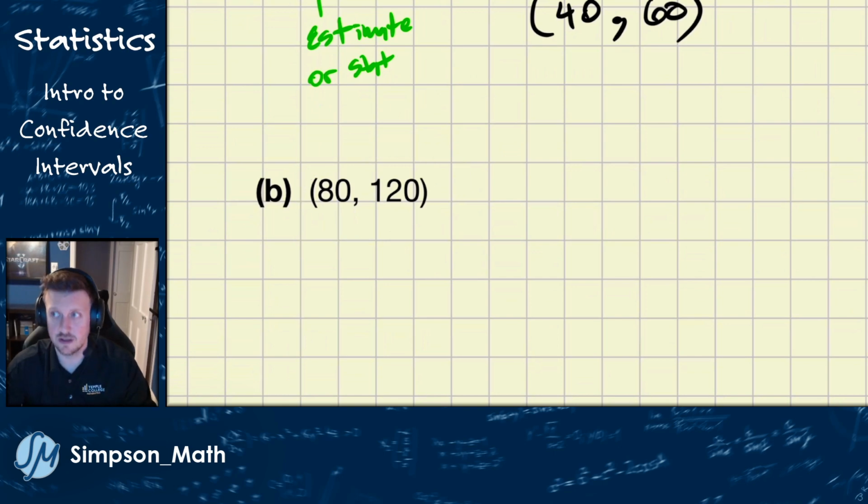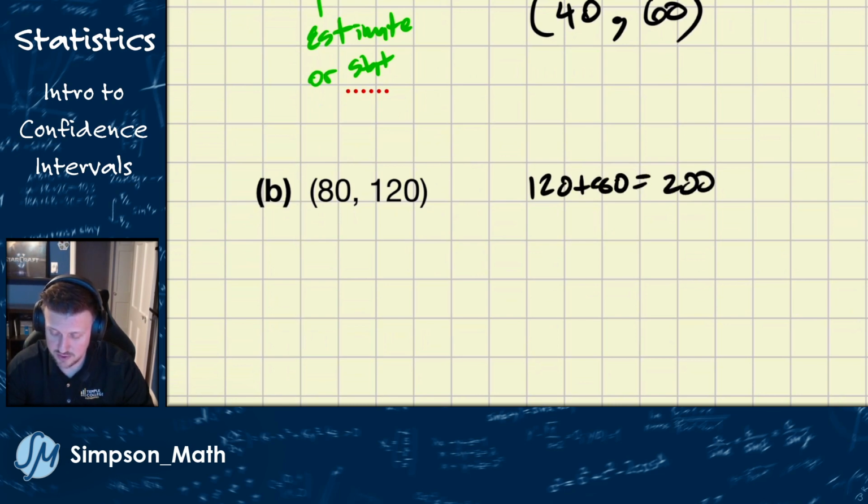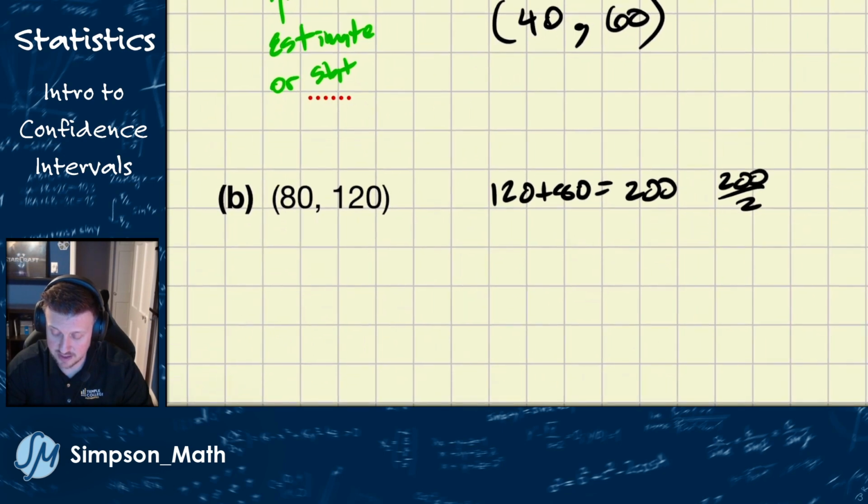This next one is like the question we just had. I'm giving you the boundaries, and from that you need to be able to figure everything else out. So 80 is my lower boundary, 120 is my upper boundary. Now I need to find my stat and my margin of error. With these numbers, it's a little bit faster for me just to add them up. I get 200. 200 divided by 2 is 100.